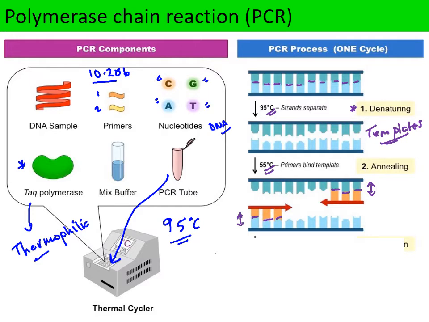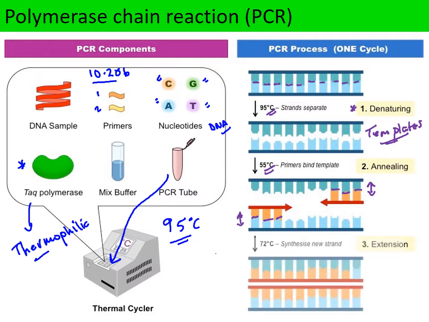Now what we then do is we increase the temperature in the machine to 72 degrees C. Now because there's DNA nucleotides within the mixture, the DNA nucleotides align next to the exposed bases. So they naturally align next to the exposed base because of the complementary bases that we know interact.